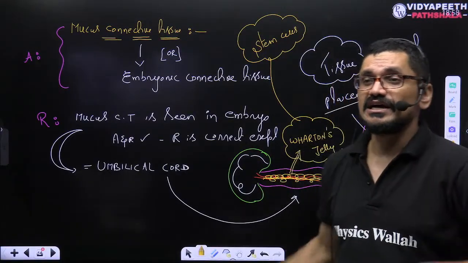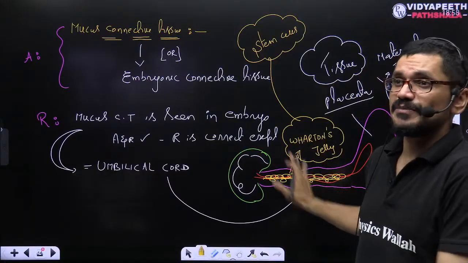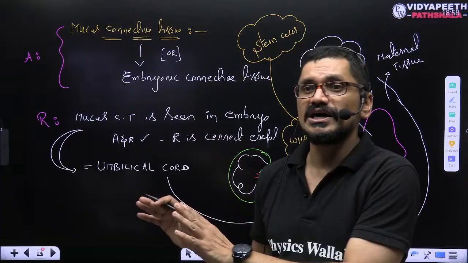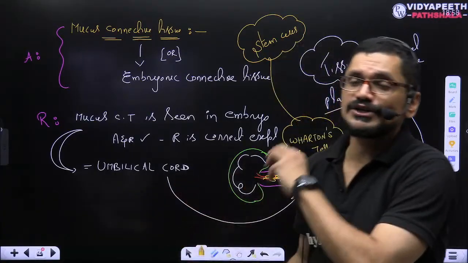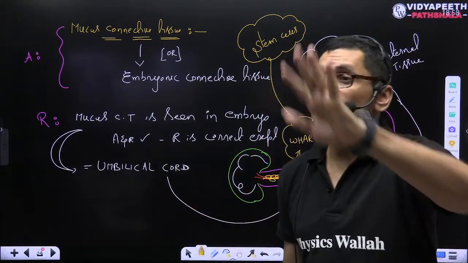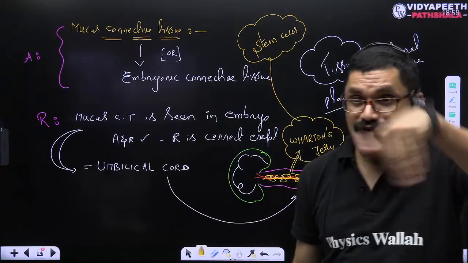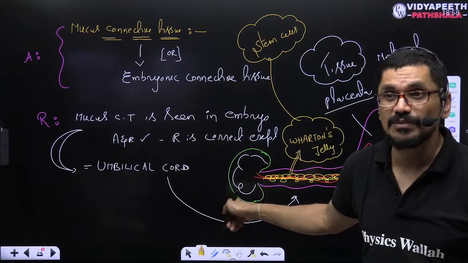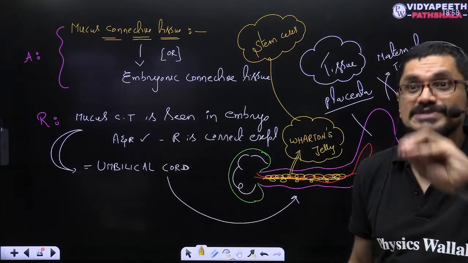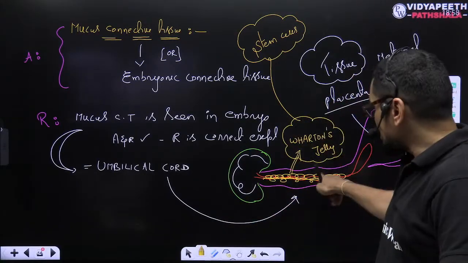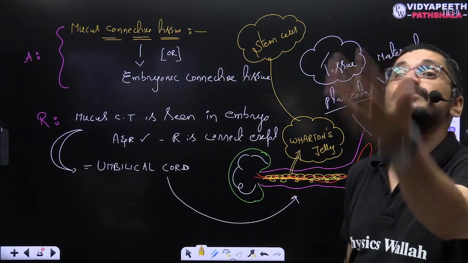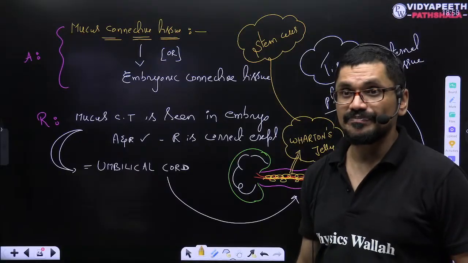What they are saying is, sir, this is a very important structure. You have to store this umbilical cord in the bank. We have a special bank where we can store it for a span of 50 or 70 years. In future, if any cell-based problem comes to this child after birth, we can use the cells present in the Wharton's jelly so that the diseases can be cured in a short span of time.